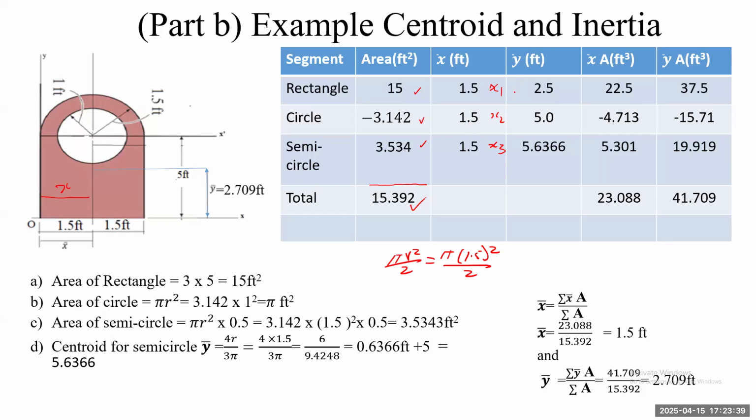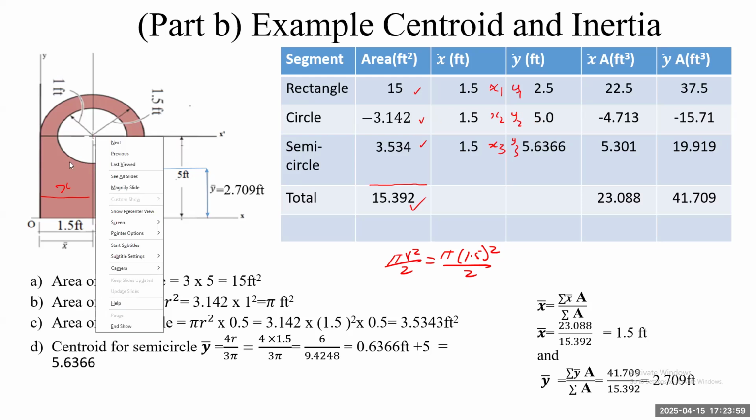For y now, your y1, y2, y3. We said y1 was 2.5 because it's half of the height of the rectangle section. And for the circle, it is at the dead center, because for y bar you need to move from the center straight down to the origin, and that's the distance that takes you down there. So it's 5.